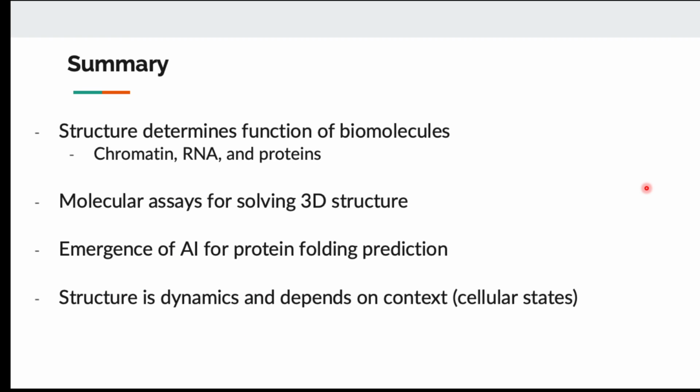Okay, so just to summarize, in these two classes, we talked about the importance of structure, things in 3 dimensions, because everything that we learn in biology exists in 3 dimensions. Even though when we learn about regulation or omics, we tend to think of them as data, as diagrams, because these molecules exist in 3D, their structure also comes into play when we think about their function.